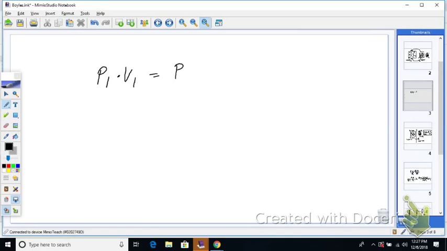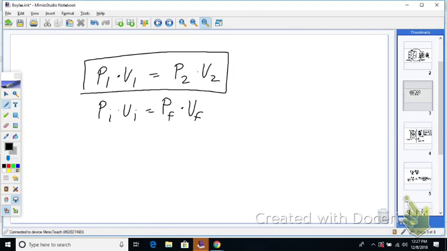Then P2 times V2 would equal what it would be after you do something with the volume and change it. So this could be initial and final. Sometimes people like to write PI times VI equals PF times VF. This would be initial, and that would be final. Okay?